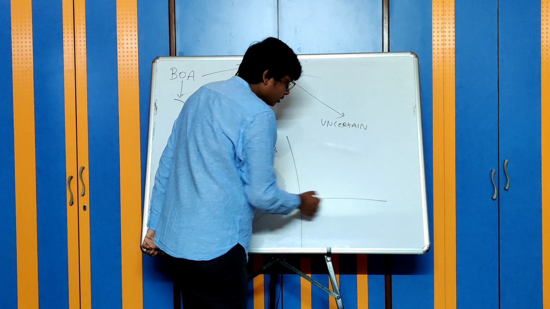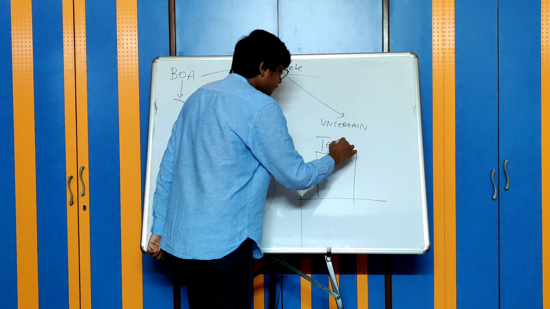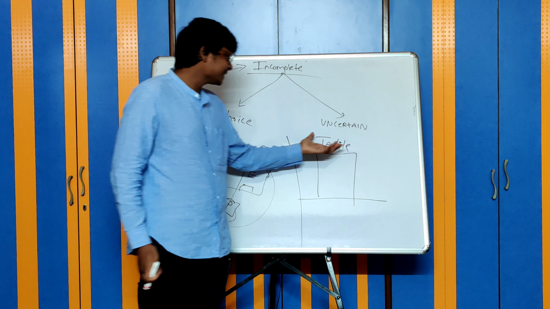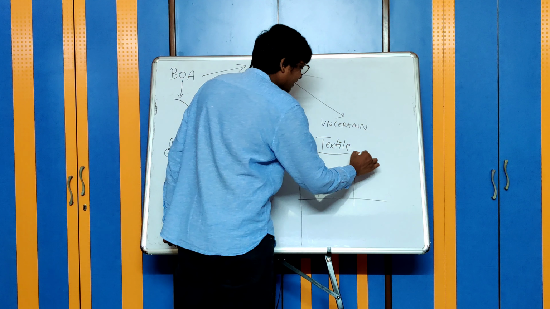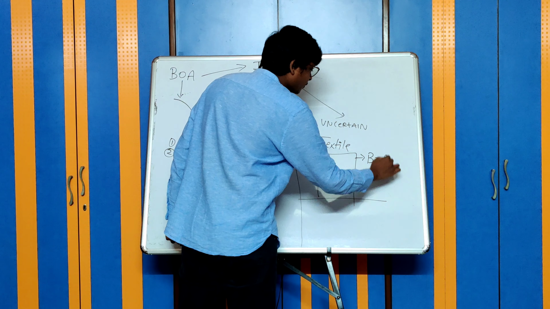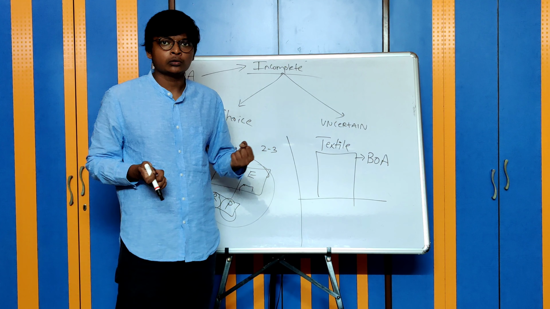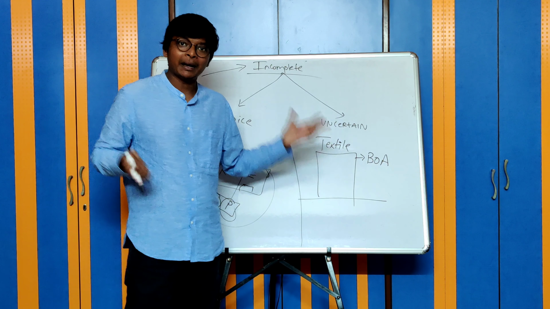Let us take a full-fledged textile showroom. Let us say there is a textile showroom where they are maintaining proper books of accounts, where they have a server, they have proper books of accounts, and on any given day they can prepare P&L and balance sheet.